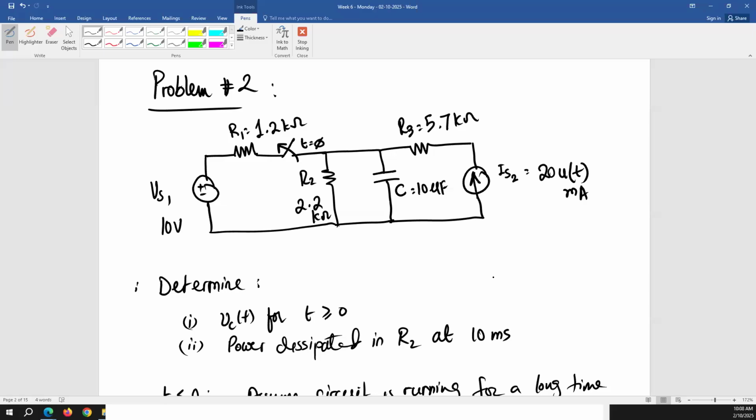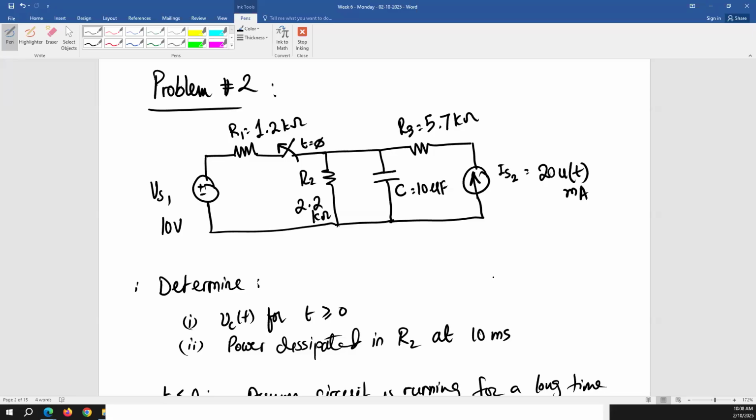That would short out the area. You're removing R1, R2, and Vs at t is equal to 0.